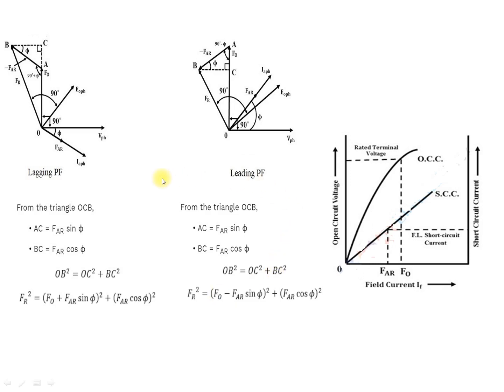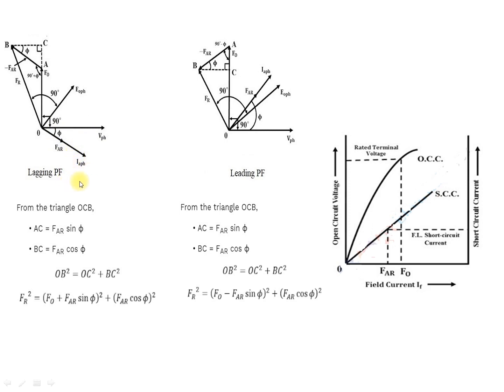So how it is going to work has been depicted in these particular diagrams. I will be explaining it for lagging power factor only. For lagging power factor, the IA will be lagging behind the V phase, so I will be drawing these two.